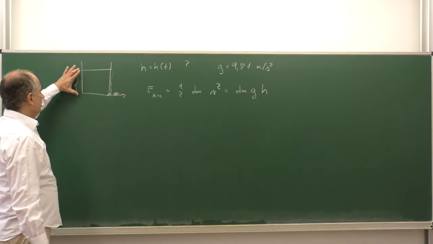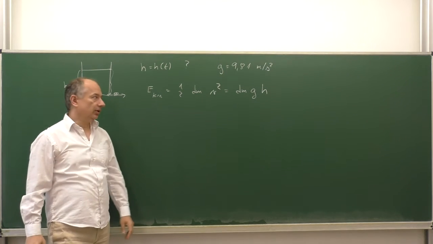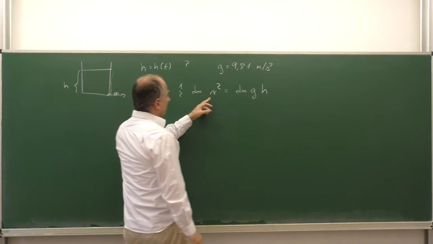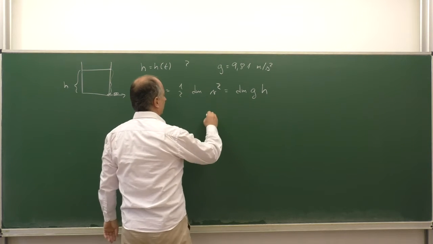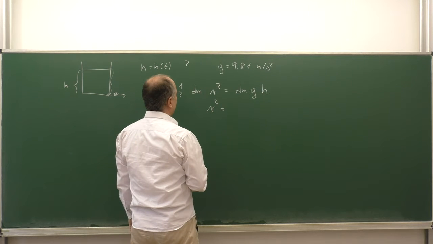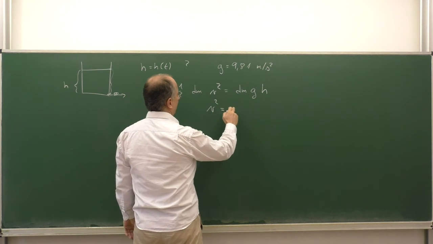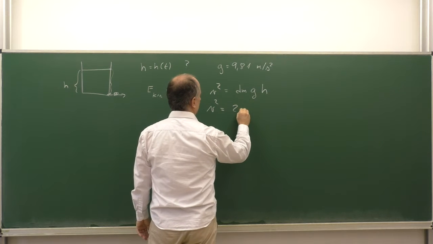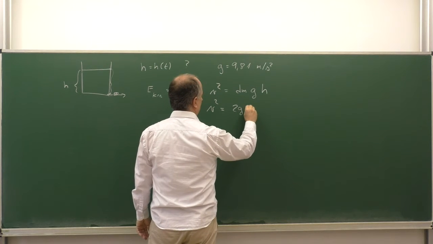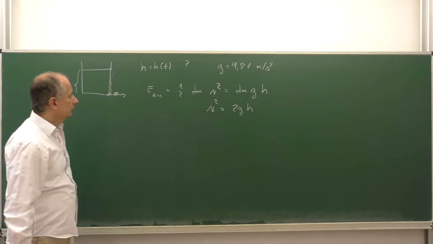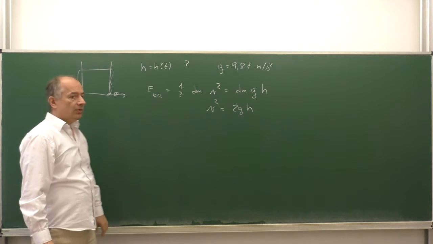And h is the height in meters. So we can divide by dm and multiply by 2, and we can express velocity v as square root of 2gh. So that was the energy.